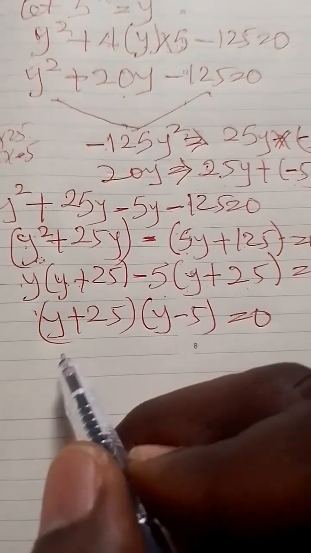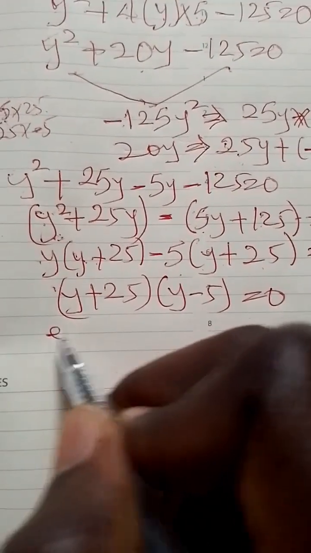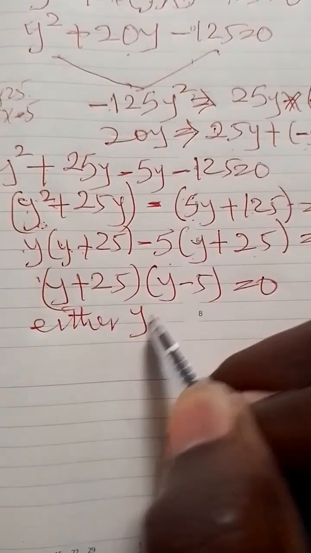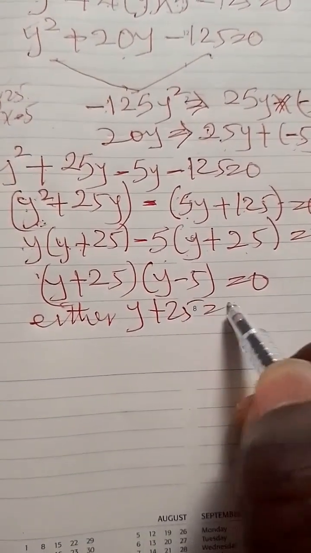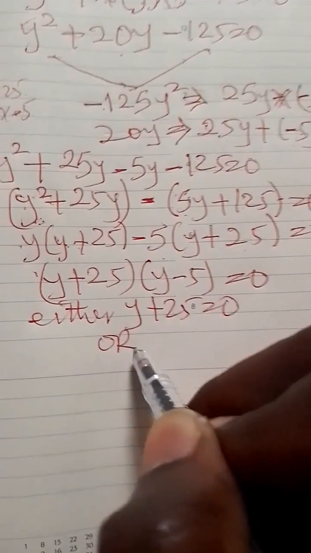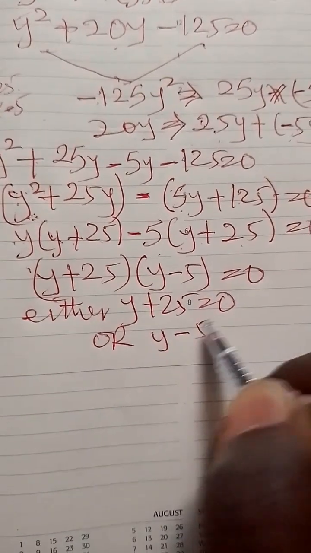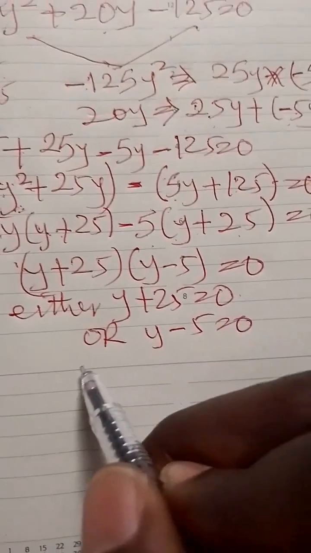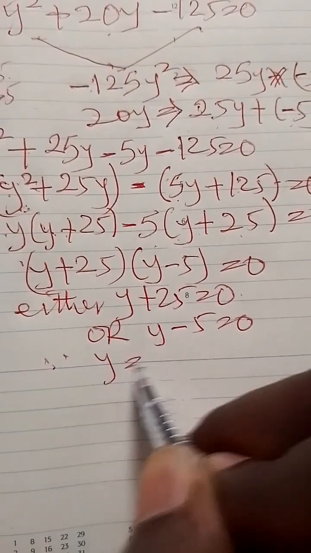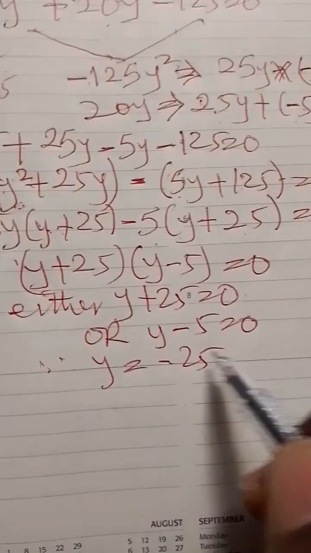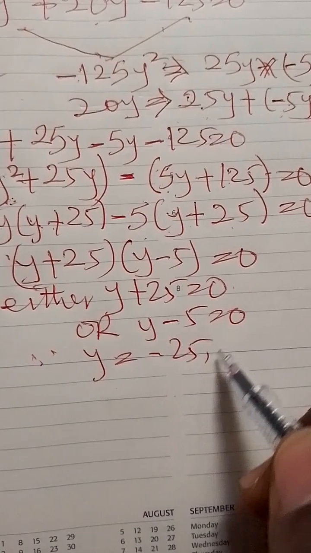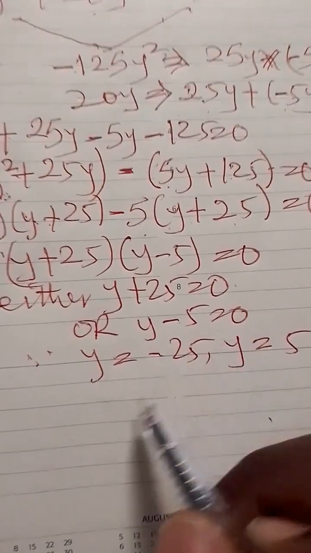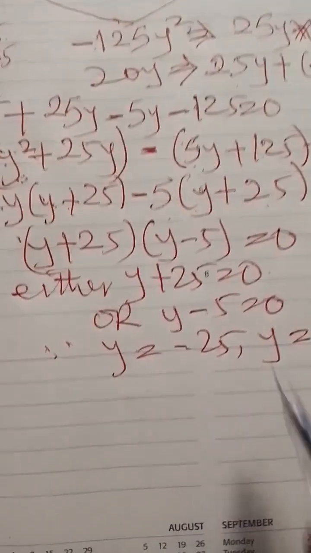Now, we can see either y plus 25 equal to 0 or y minus 5 equal to 0. If we bring 25 here, it becomes y equal to minus 25, and bring minus 5 here, it becomes y equal to 5. But there is something we must take note of.